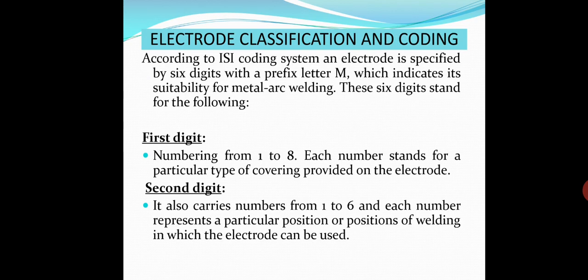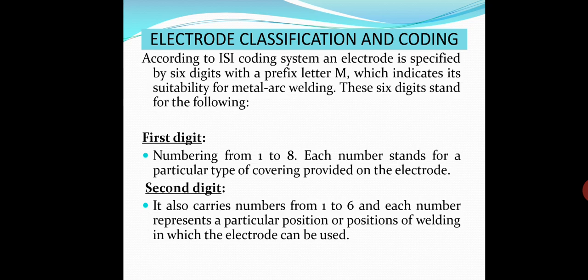So, electrode classification and coding. According to the ISI coding system, an electrode is specified by 6 digits with a prefix letter M, which indicates its suitability for metal arc welding. M, and after that 6 digits. These 6 digits stand for the following.